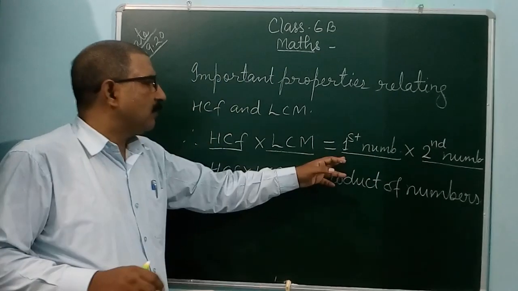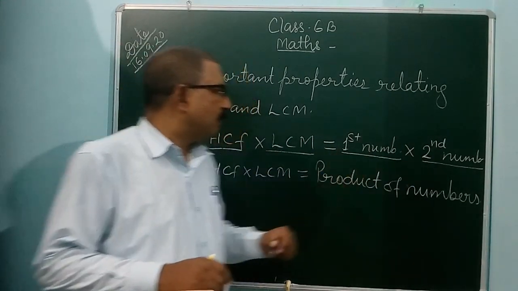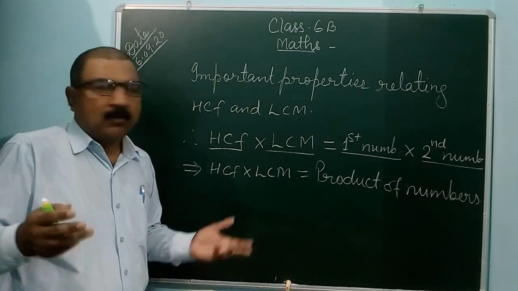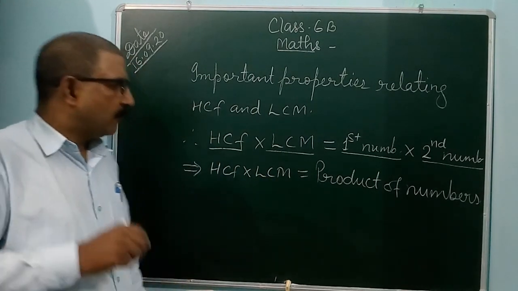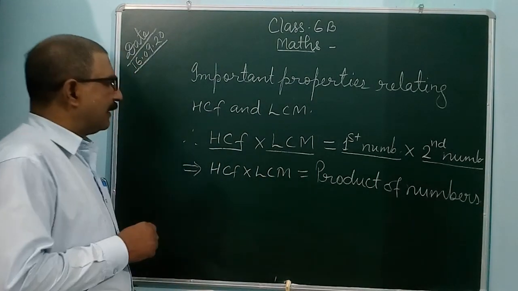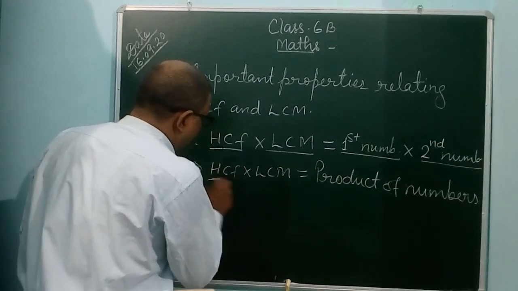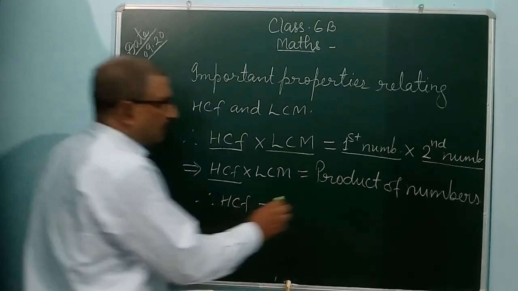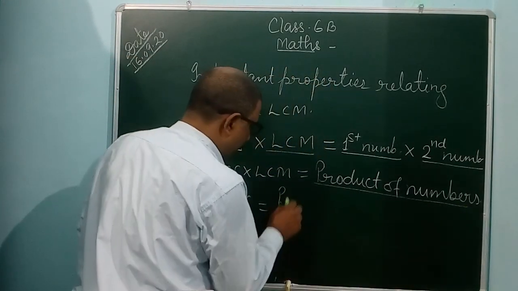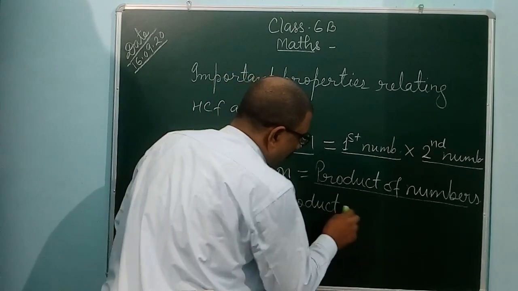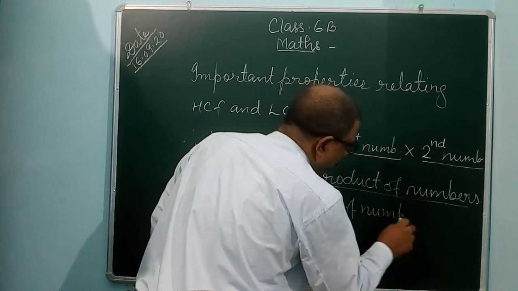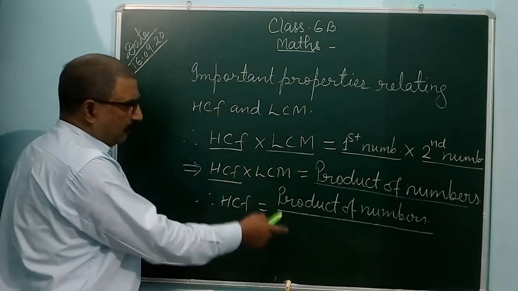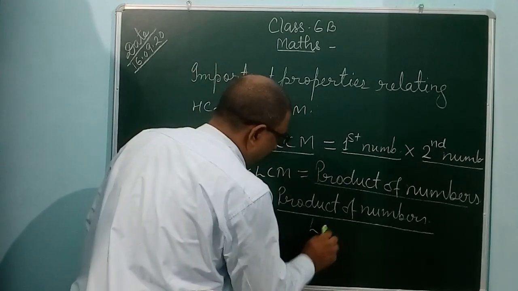If you have the first number but not the second number, but you have the HCF and LCM, you can find the other number. Suppose you want to find the HCF: HCF is equal to the product of the numbers divided by the LCM.